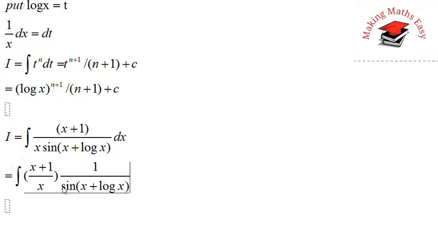Now we will put x plus log x equal to t.